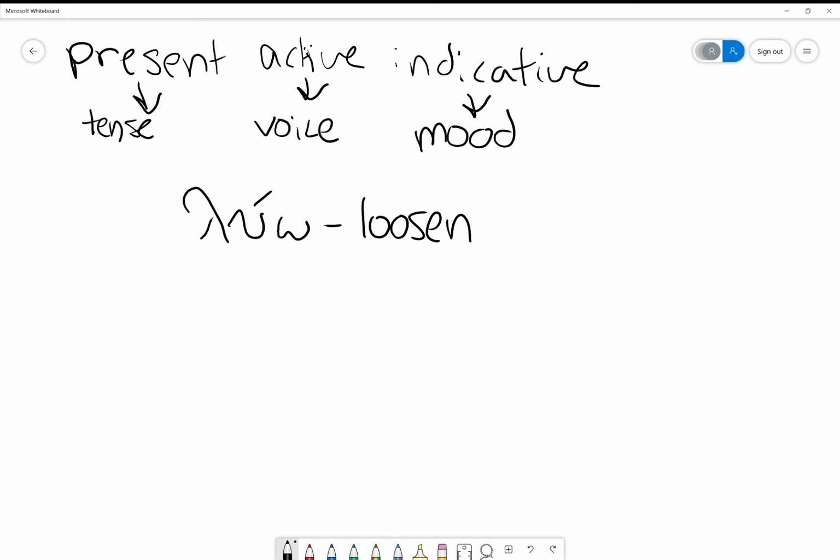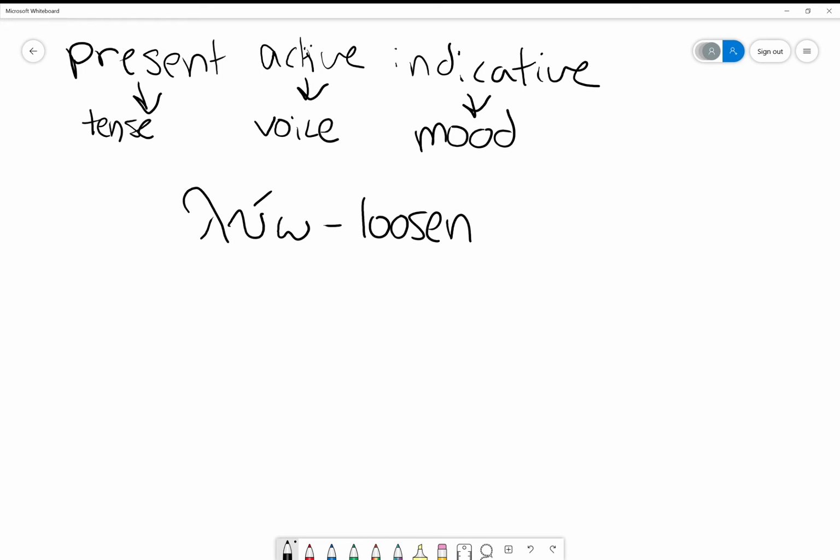Mood is a little complex, especially when you're comparing English to more inflected languages like Greek. So as far as we're concerned right now, you're going to think of it as just a statement of fact as opposed to maybe a command, which we will get to.